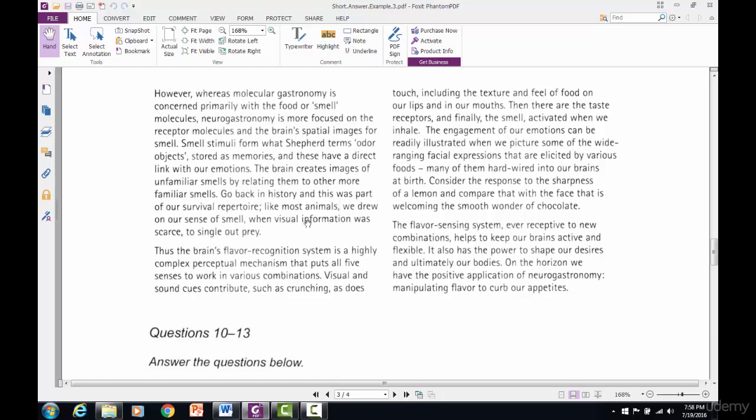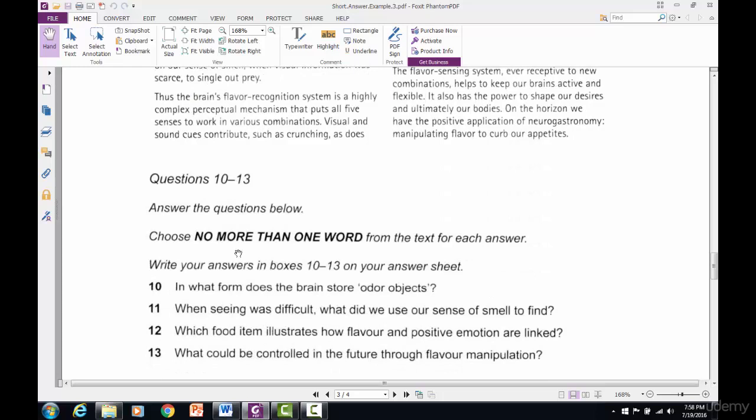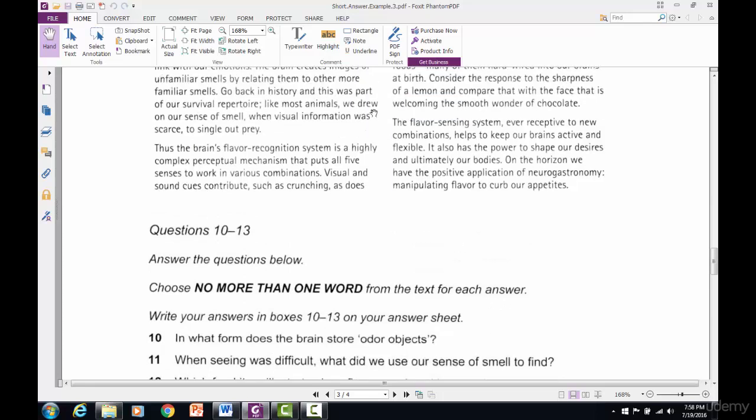When seeing was difficult, we did use our sense of smell to find prey. We used our sense of smell to find prey. Prey.